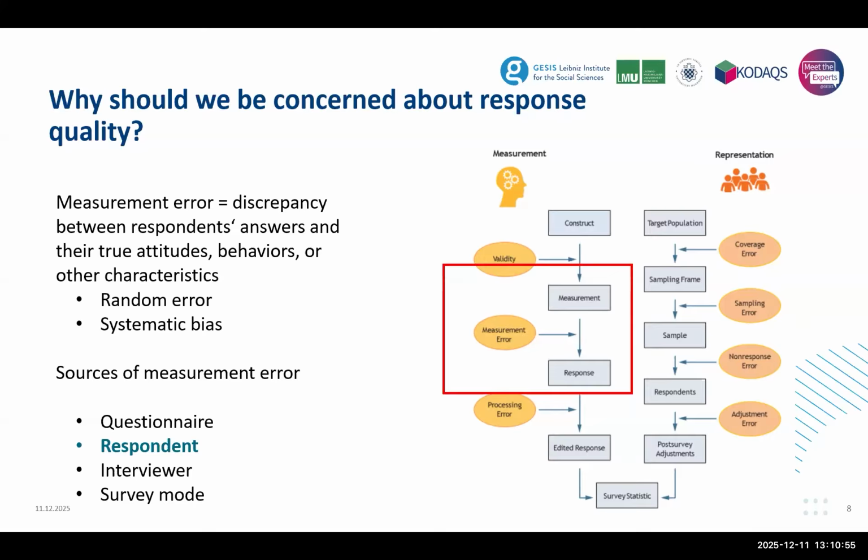If we again think of social desirability bias, especially in interviewer-administered surveys, this can be very amplified because you have personal contact between two people. In web surveys, which are perceived as more anonymous, social desirability bias, a measurement error from the respondent, can be amplified or mitigated, for example.